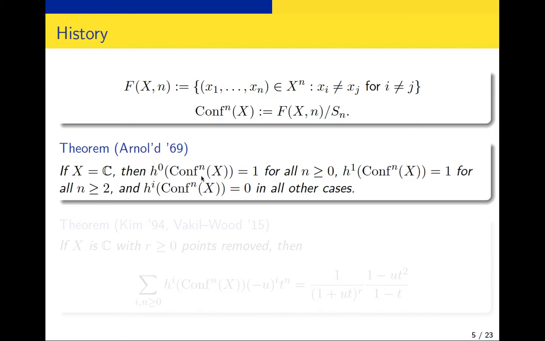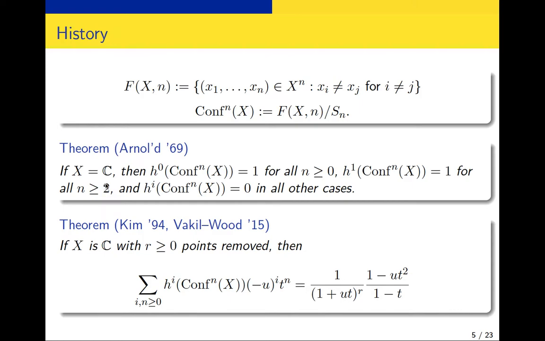However, even though it is already hard to visualize the X equal to C case when n is at least 3, the Betti numbers are well known and have a simple answer. And this is a classical theorem of Arnold, saying that all the Conf_n(X) only has H^0 and H^1, and the H^1 only starts to appear beginning from n equals 2.